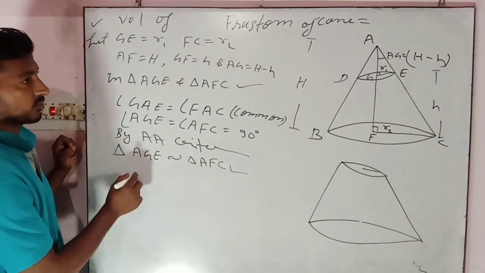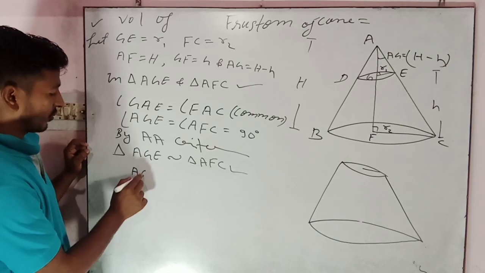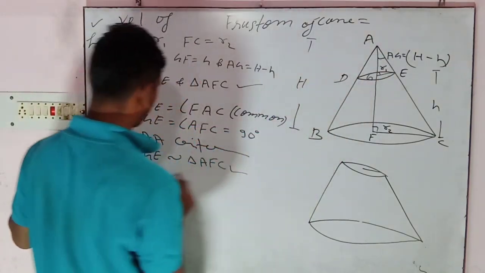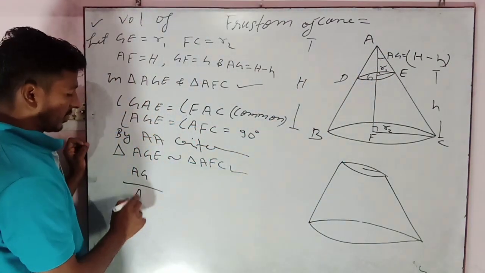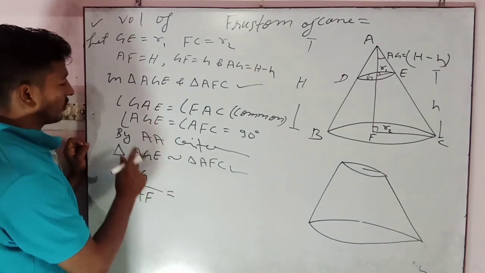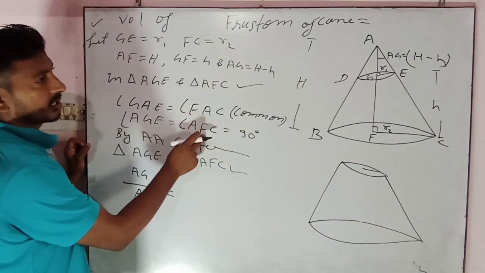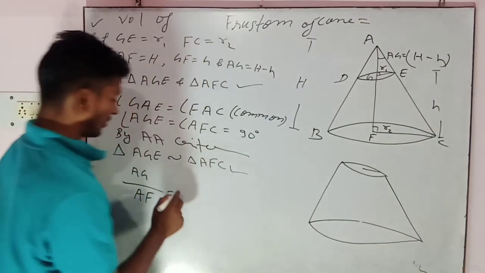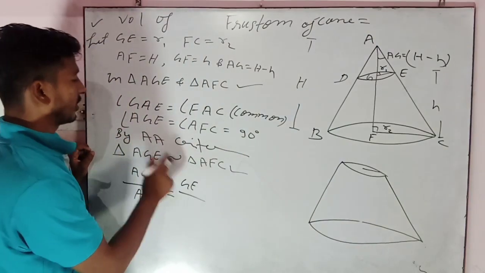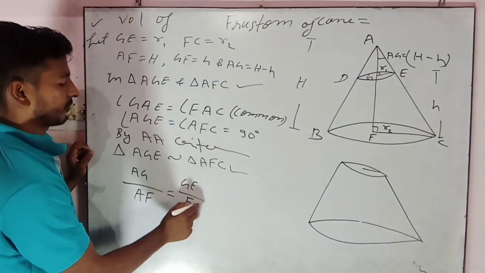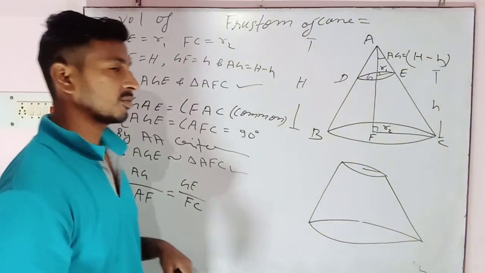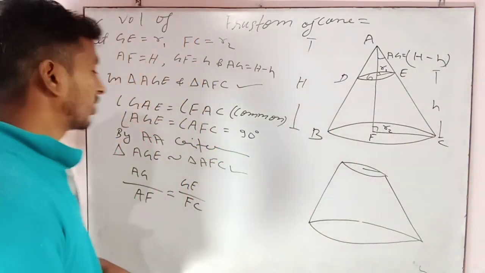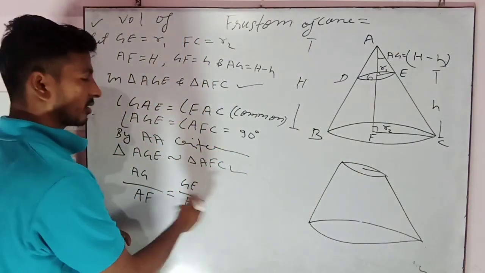The ratio of corresponding sides are equal means we can write AG by AF is equal to GE by FC. Two triangles are similar, then the ratio of corresponding sides are equal.